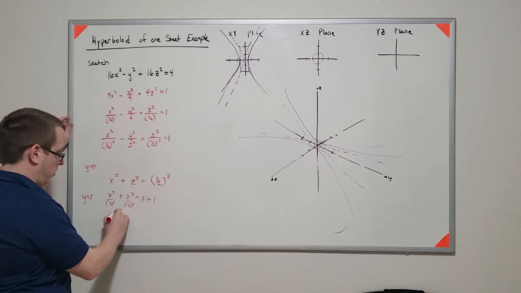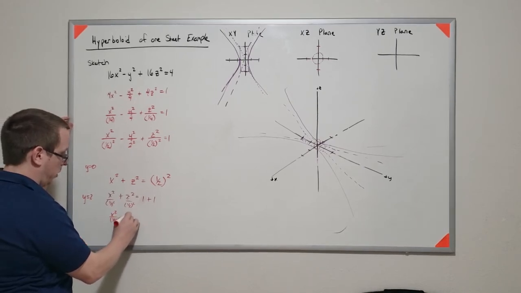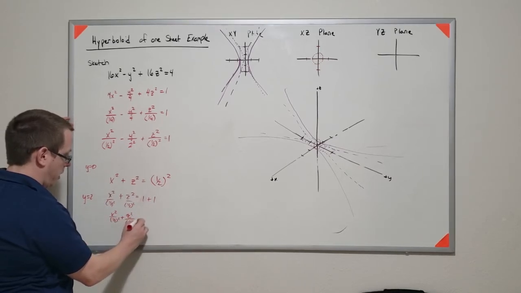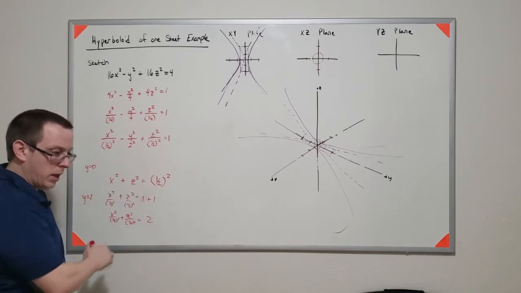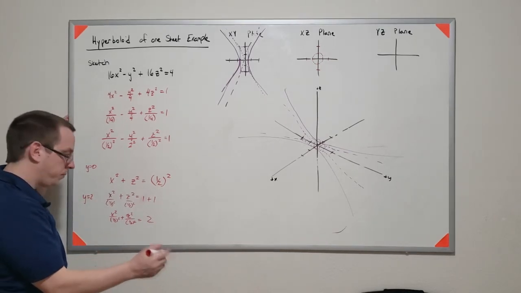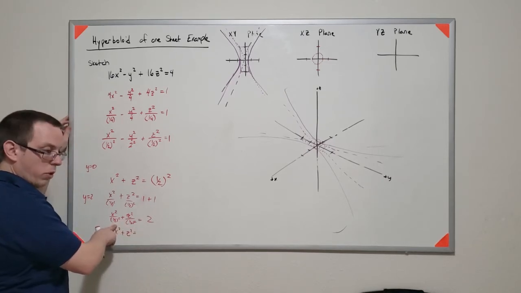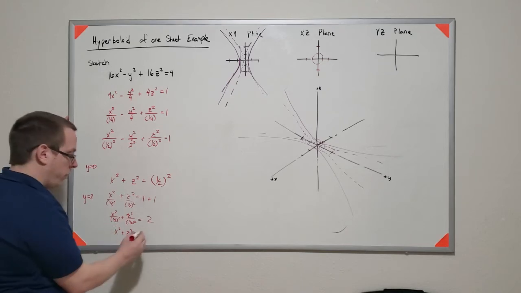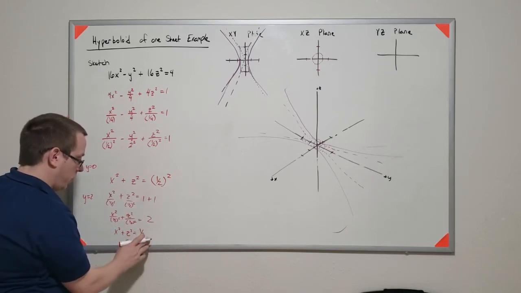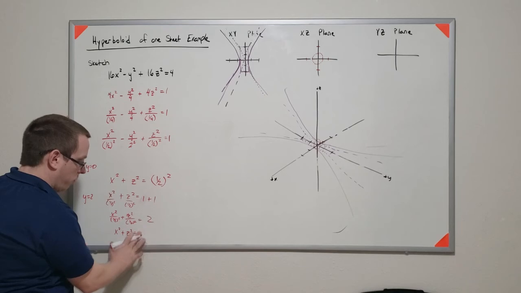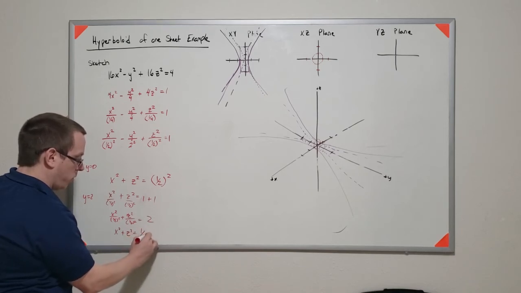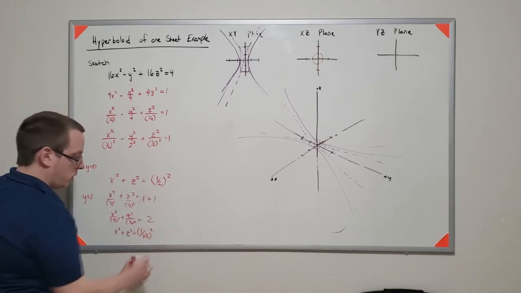So x squared over 1/2 squared plus z squared over 1/2 squared equals 2. If you multiply that across, you end up with x squared plus z squared equals 1/2, or it might be easier to write it as 1 over square root of 2 squared.